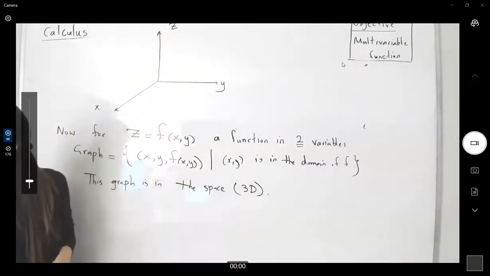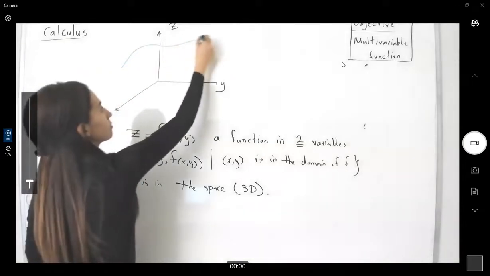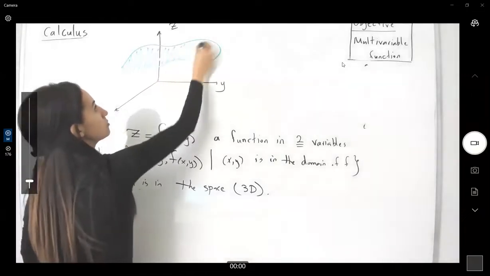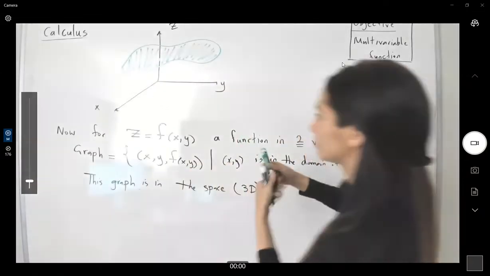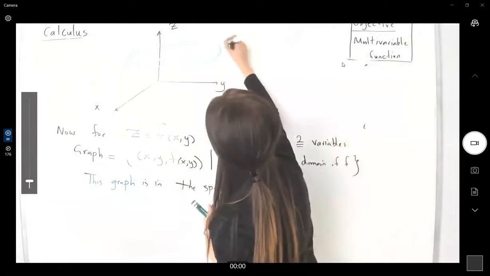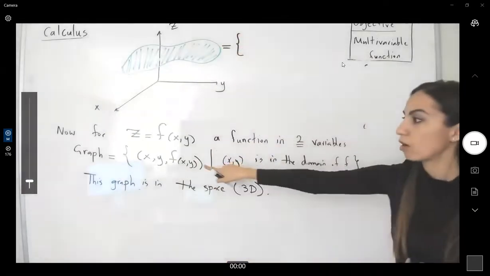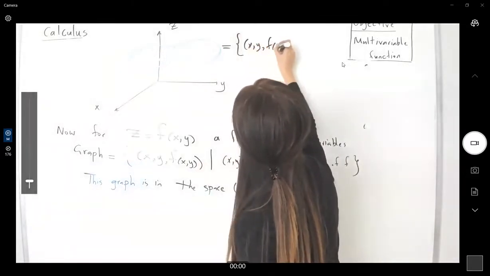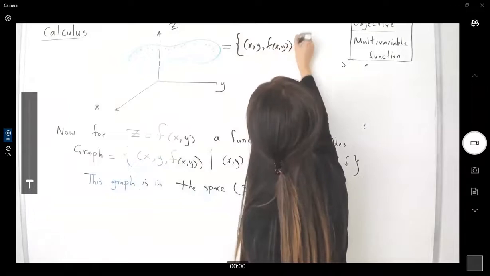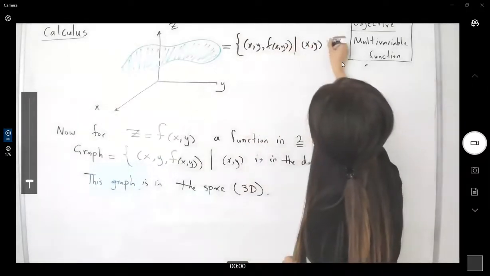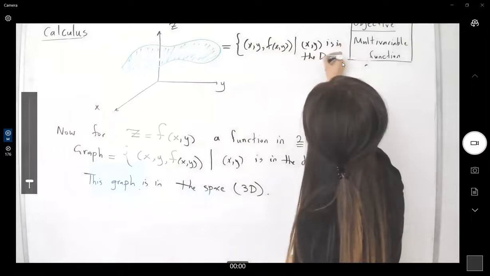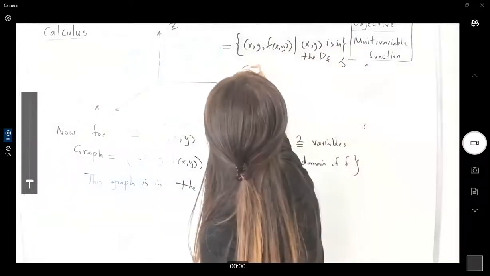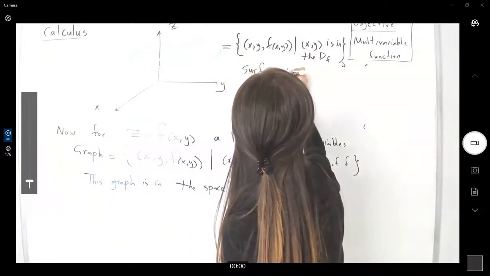This is actually the set of all (x, y, z) values, for (x, y, f of x, y), such that x and y is in the domain of function f. This is called a surface in the space.